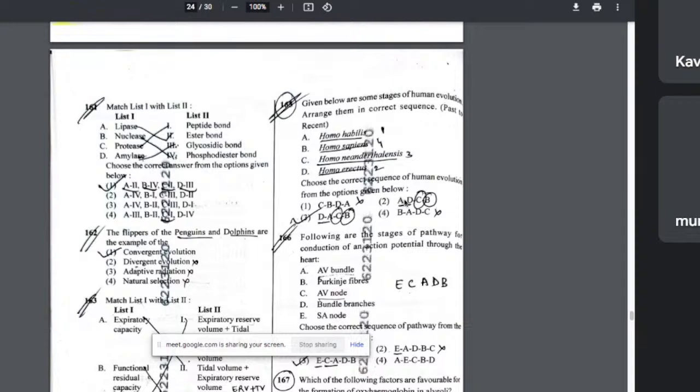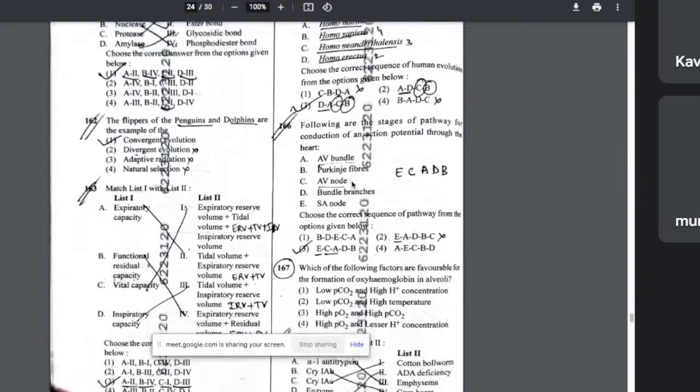So if you look at the order given in that particular book, Homo habilis happens to be the earlier species. So it is A, followed by D, which is followed by C, and then followed by B. So for the 165th question, the second option is correct.